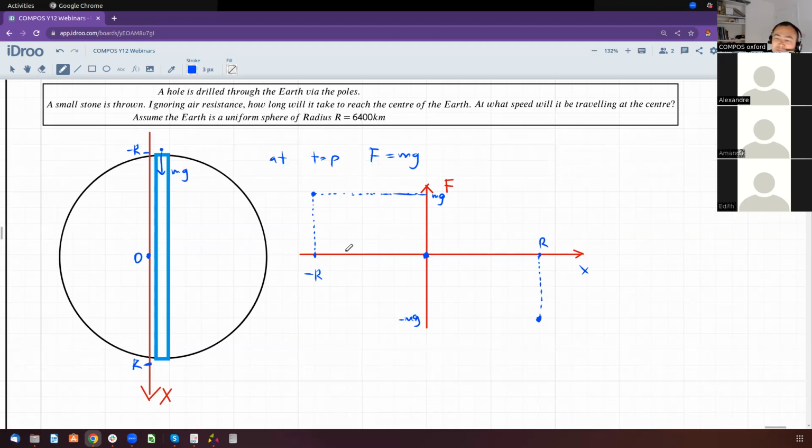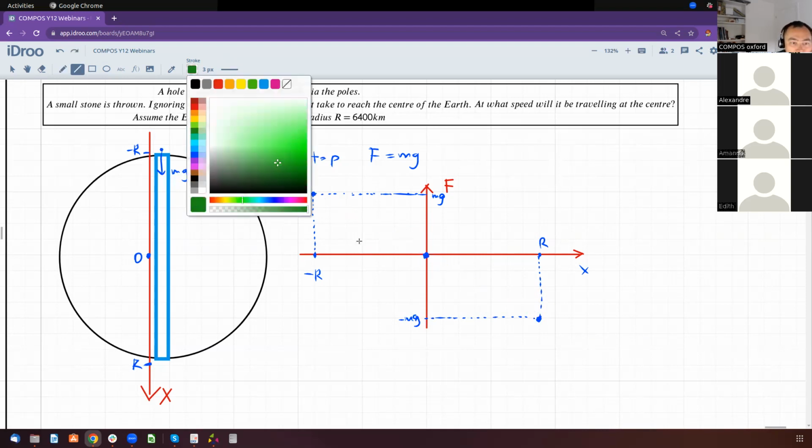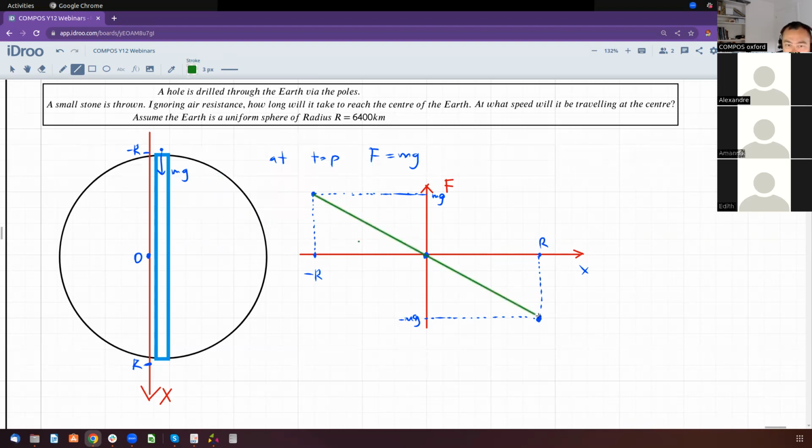So we've got 3 points. I just want you to believe me, because it turns out that this force is linear. I do want you just to believe my word, because it will take a long time to explain why it is.